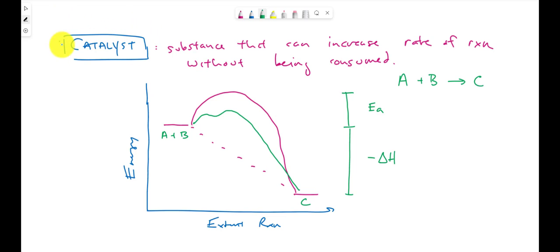There's a huge industry built on designing catalysts that can decrease the energy required to get a reaction to run. The idea being, if we have to add more energy in the form of temperature, that's not a very sustainable practice, right? We don't want to heat the heck out of everything to get it to run, because that comes from burning fossil fuels.